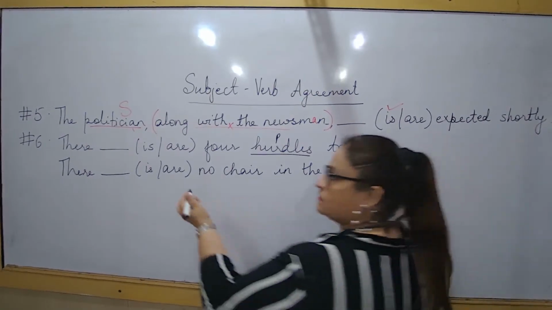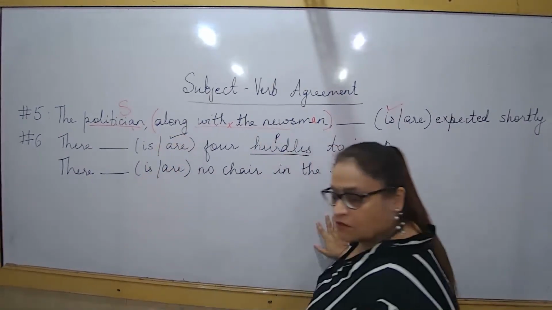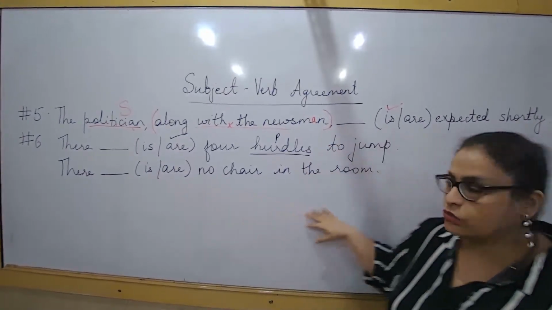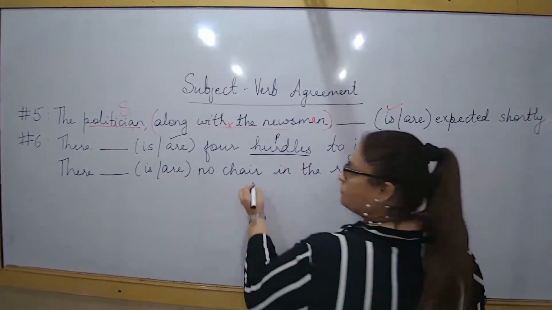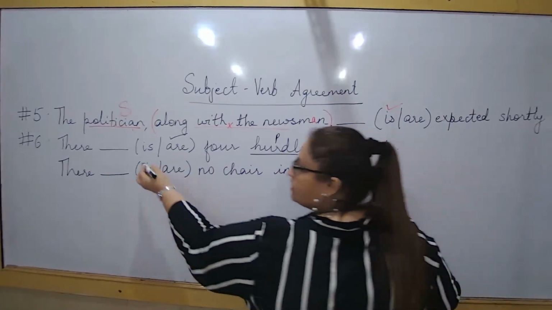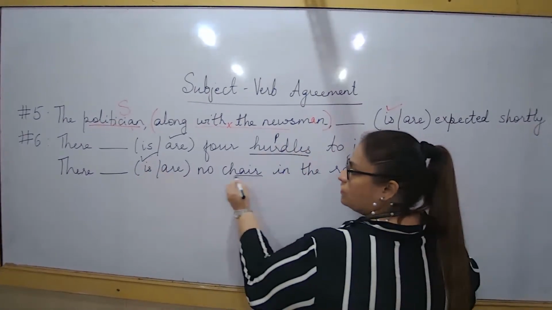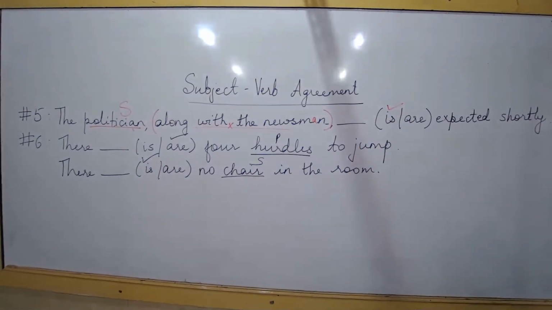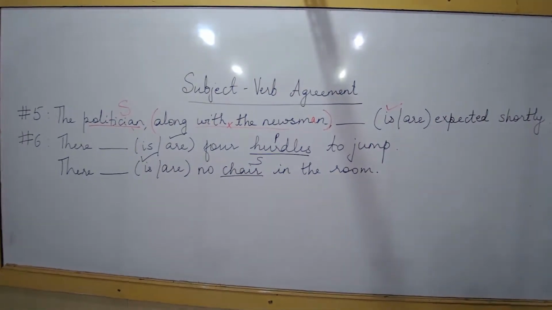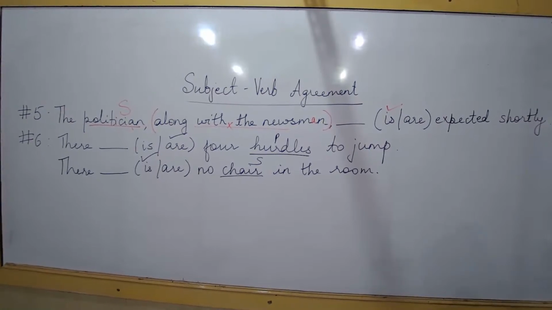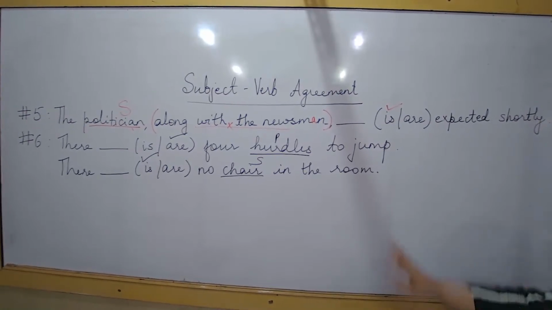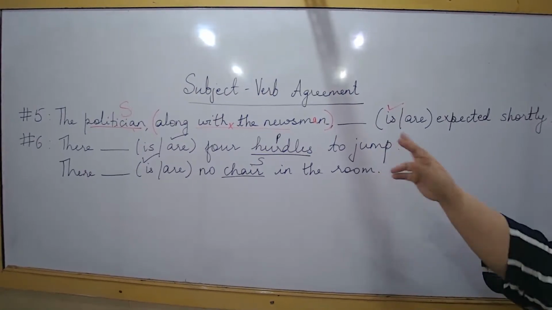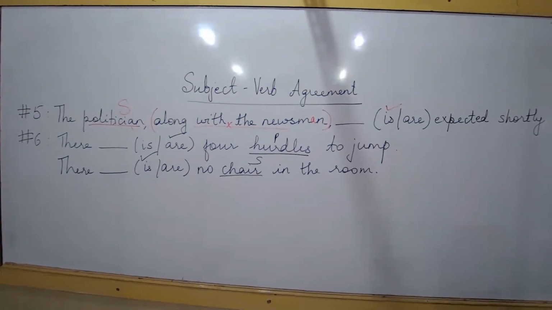So there are. Second example: There dash no chair in the room. Why did you guess that it should be is? Because your subject is singular. So the rule: in sentences beginning with here or there, the true subject follows the verb. You have to carefully identify what is the subject and then write the verb according to that.